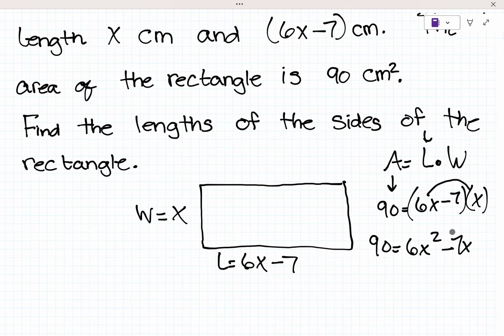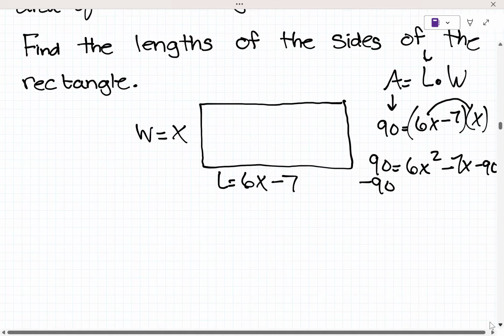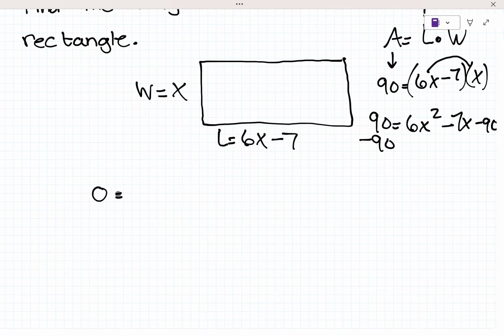So we've got to factor. What we have to do is get one side to 0. So I'm going to subtract 90 from both sides. Okay, so I get 0 equals 6x squared minus 7x minus 8... minus 90. Now, can I divide everything by 6 or 3?